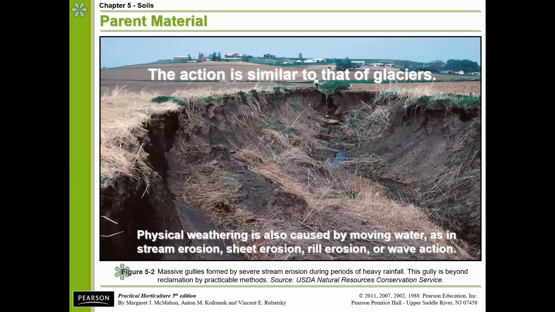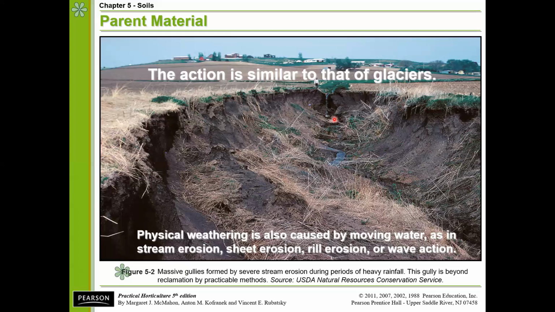So in this case, we've got a massive gully here formed through stream erosion and periods of heavy rainfall, probably where the soil was not managed very well and it ended up running off. Either way, you can see this soil profile here on both sides. And this looks like it was coming from the Midwest, because it's really deep topsoil, several feet of this kind of dark soil.